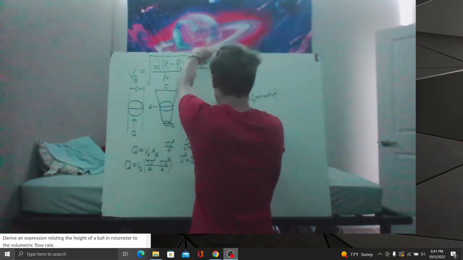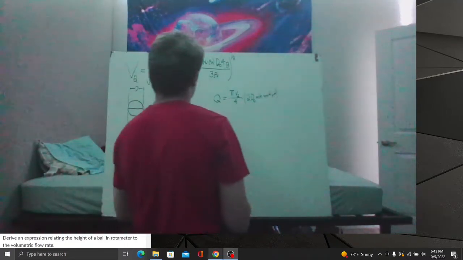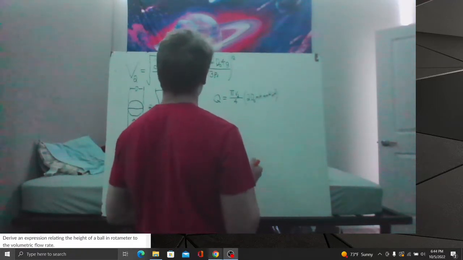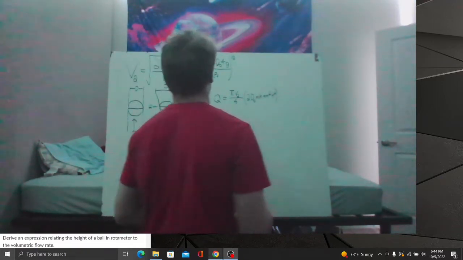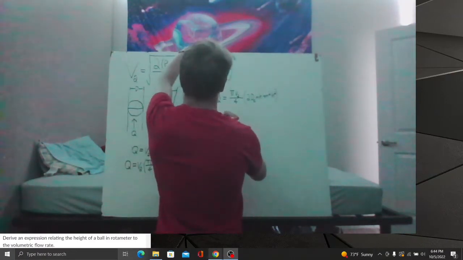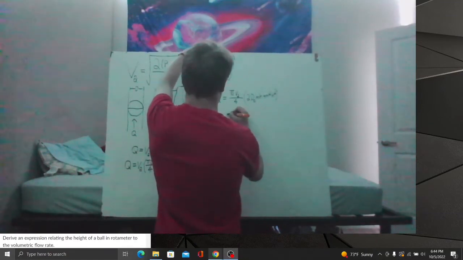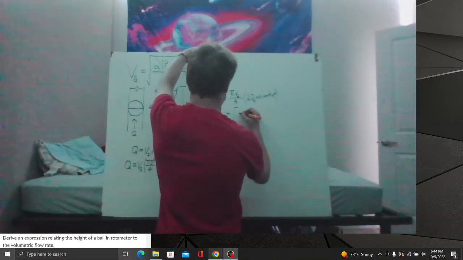And that will still equal Q. So now we just input our V2 equation, which we have up here. So we'll have Q equals pi over 4, and then our V2 equation here.